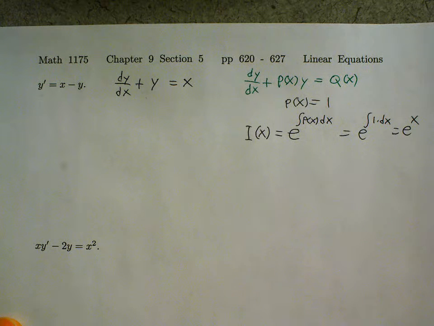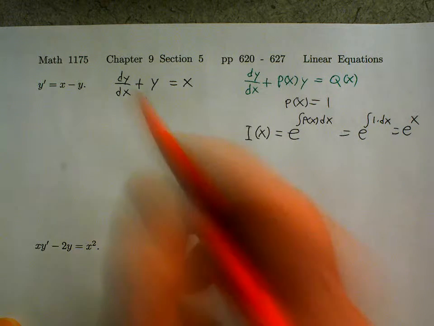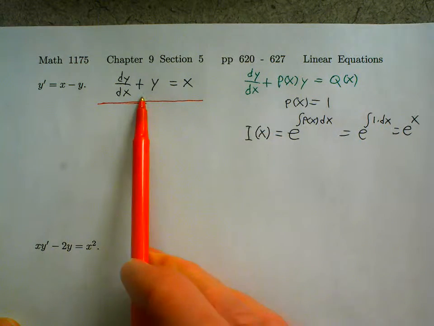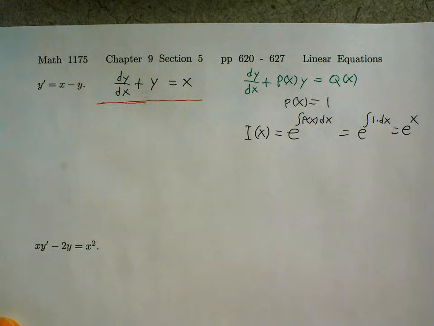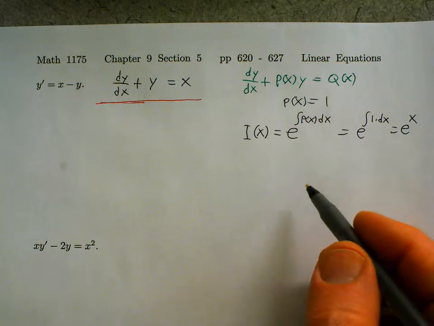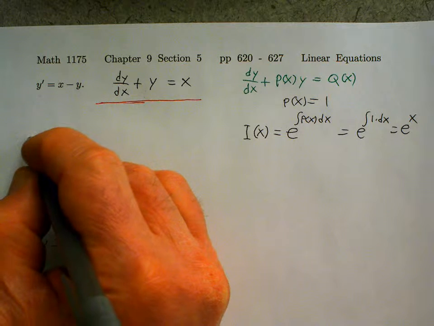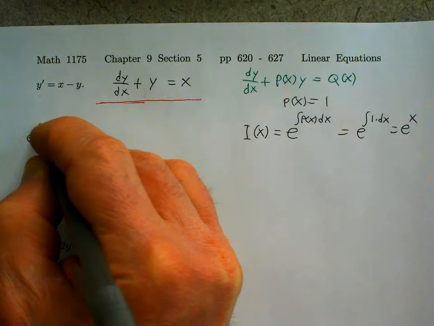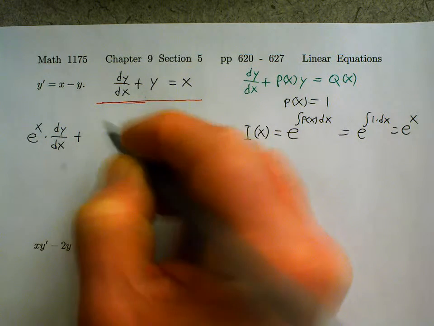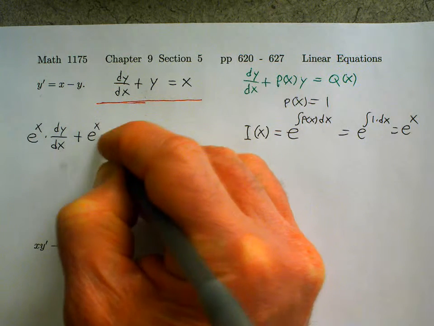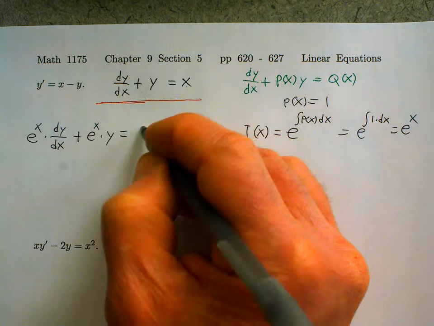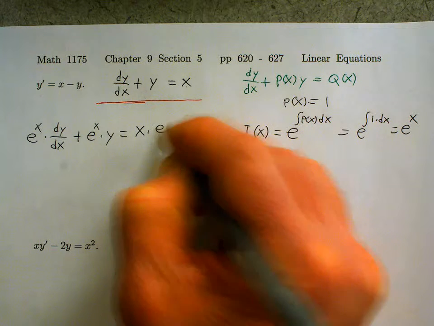Okay, with the integrating factor, we're going to multiply every term on both sides of this equation by the integrating factor e to the x. So we'll get e to the x times dy/dx plus e to the x times y equals e to the x times x, but I'm going to write it as x times e to the x.